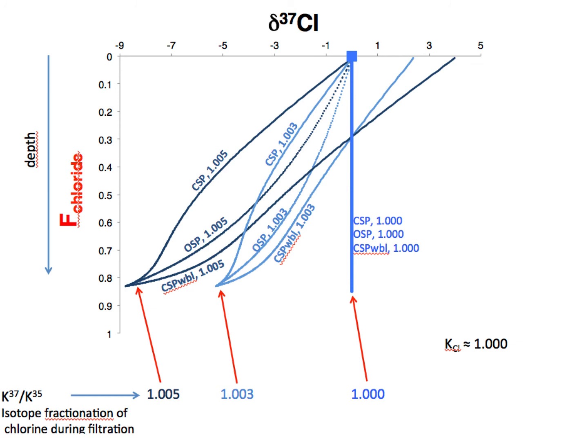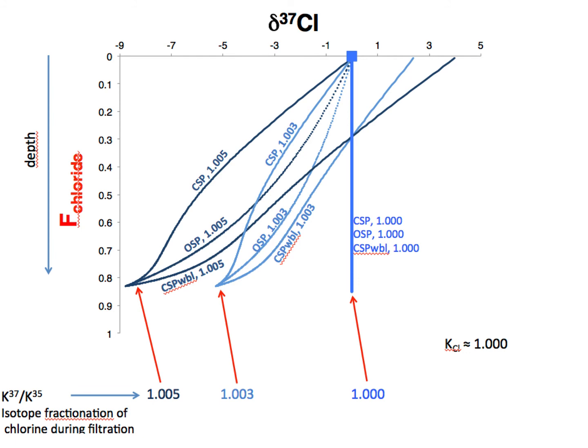Here are outputs from the filtration model, which gives the evolution of the delta 37 as a function of the amount of chloride lost, F chloride, which is a function of depth. The OSP and CSP variants are also displayed. We see that the greater the isotopic fractionation of chlorine during filtration, the greater the depletion in 37 chlorine in the fluid.